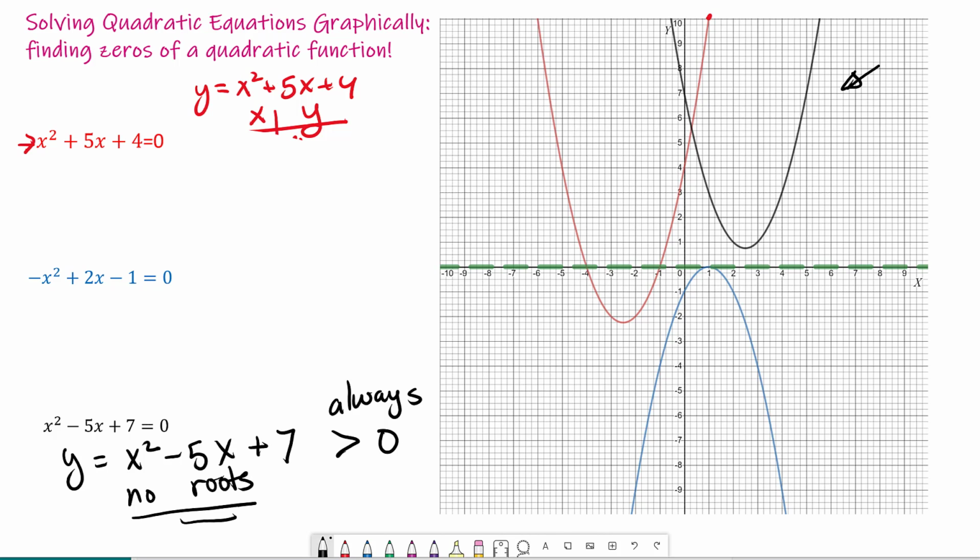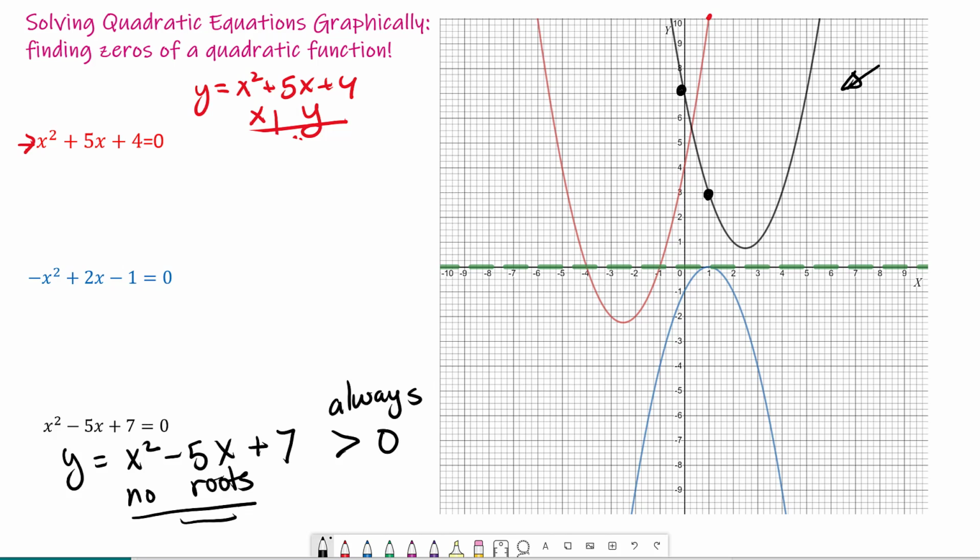Okay, and it's enough to just start with, say, x equals 0, and again we get plus 7 here, and then we can try x equals 1. When x equals 1, we have 1 squared minus 5, that's minus 4, plus 7, so that's 3. We get 3 here.